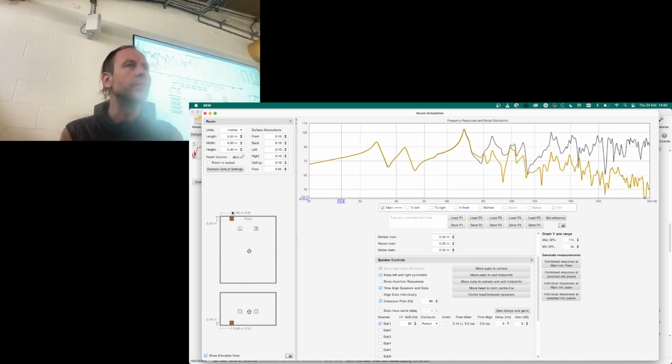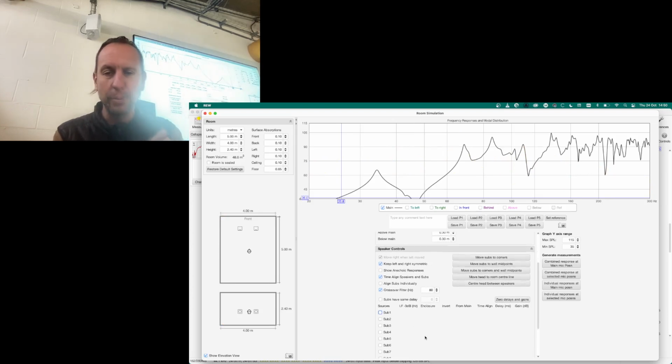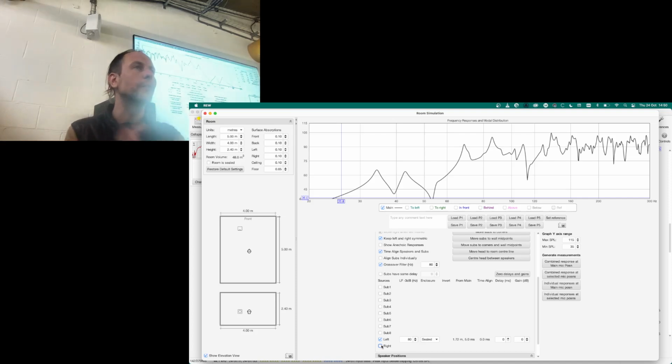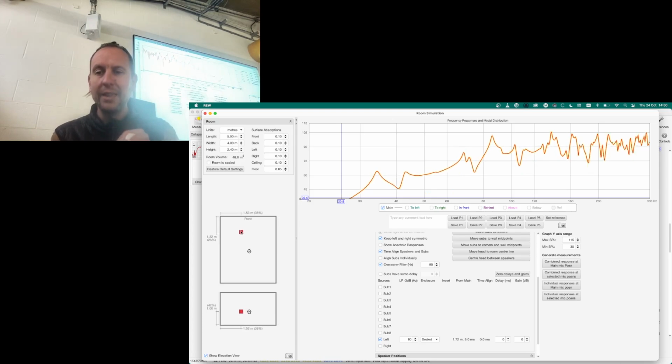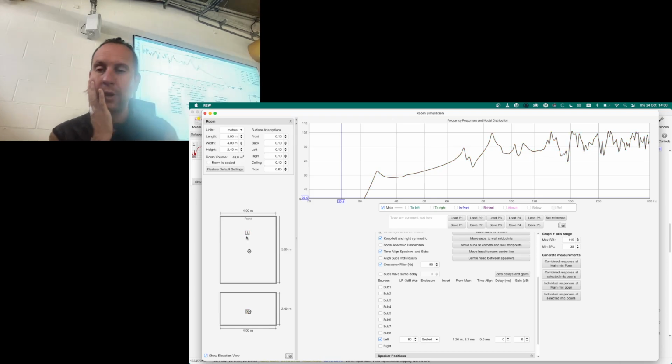You can play with these things in terms of what you expect to happen. For this exercise, please remove the sub and remove one of the speakers, okay? Because we're looking at unnecessarily complex things. And then you can try to mimic the setup in the room. Obviously, by that time, the room should be matching already.